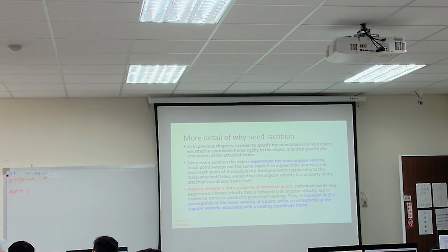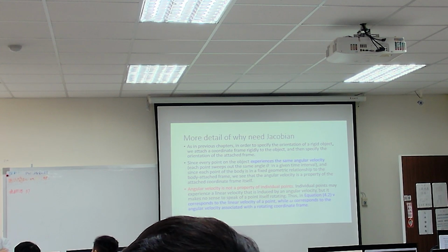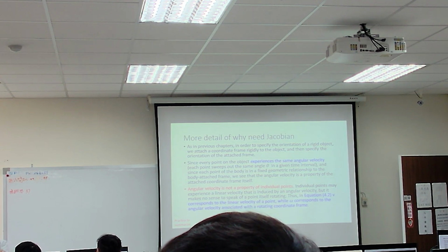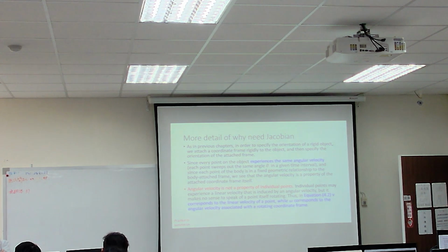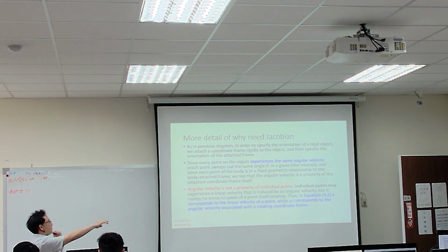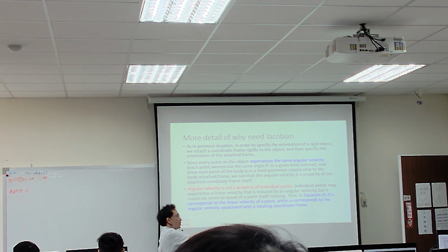Points in a rigid body experience the same angular velocity. But what if I need a different spot, a different region of the rigid body, with its individual velocity? At this point, I need a linear velocity. As I mentioned, the whole end-effector sweeps at very high speed with the angular velocity.